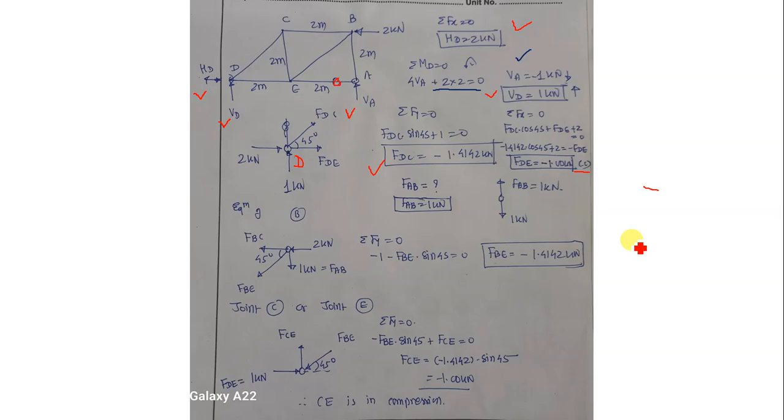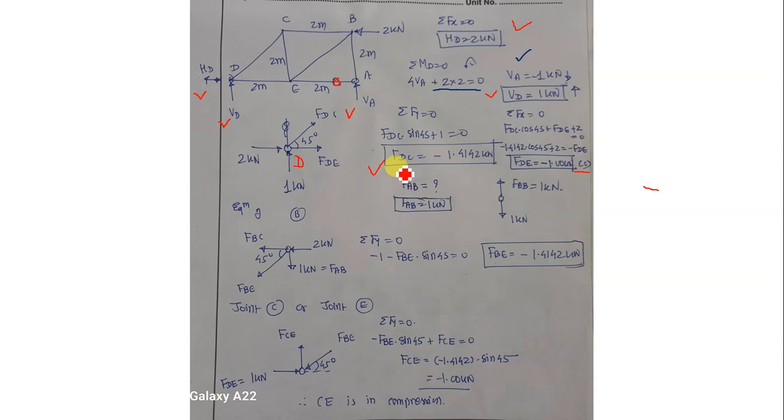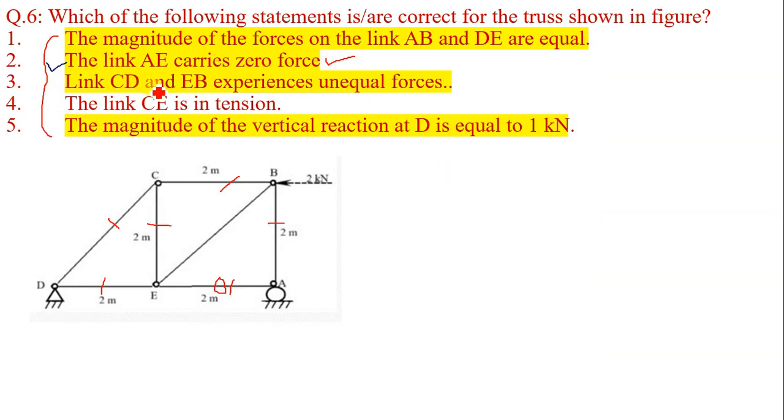So let us check the options. CD and EB experience unequal forces, because here CD is -1.4142 and along with CD we have to calculate the force in EB.